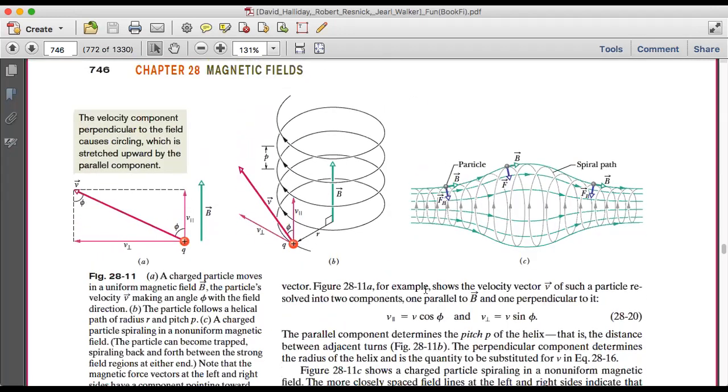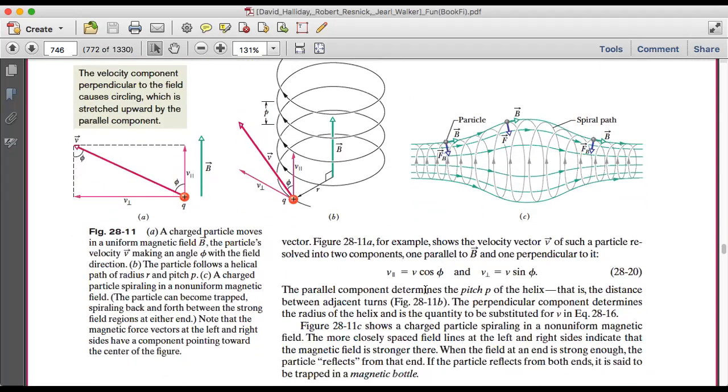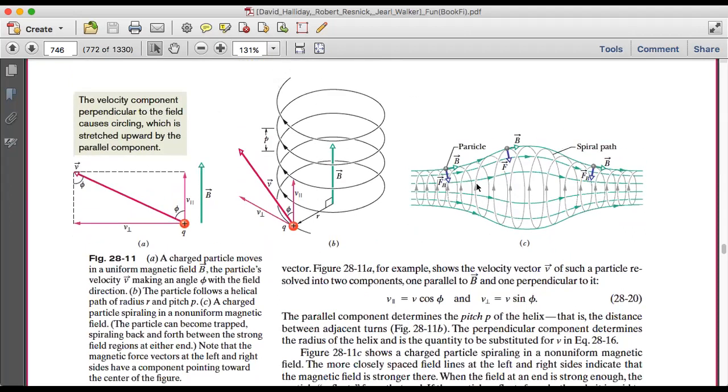So this is a helical path as I showed you before. This is a spiral motion. The radius is not constant in this case.